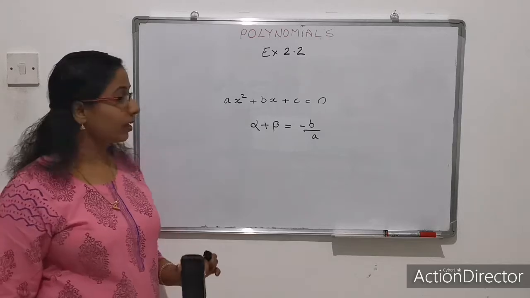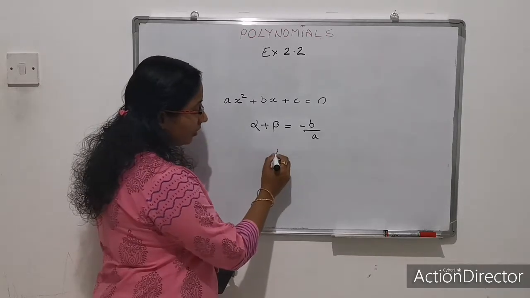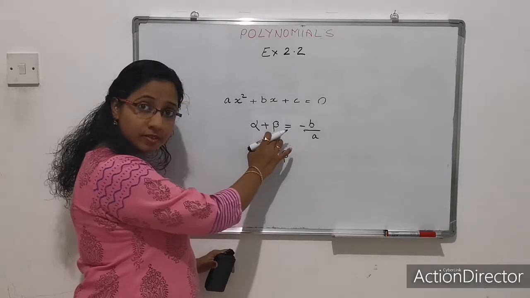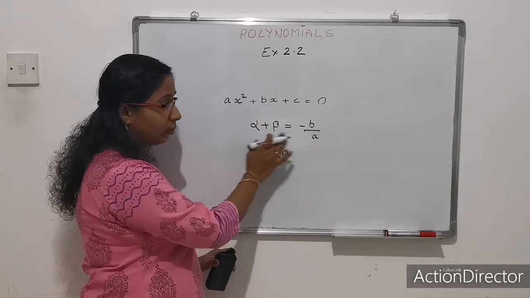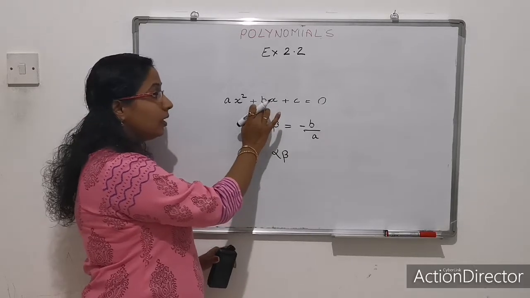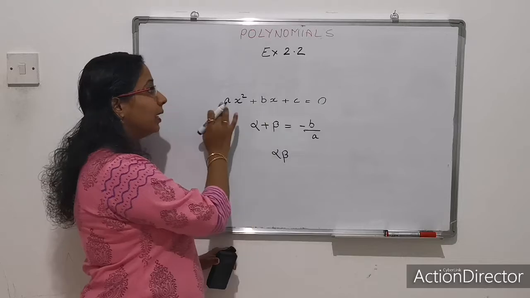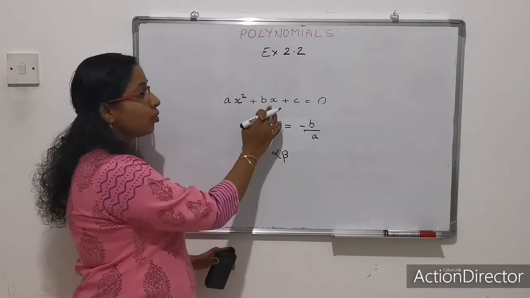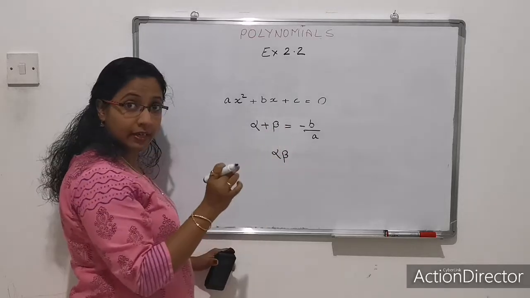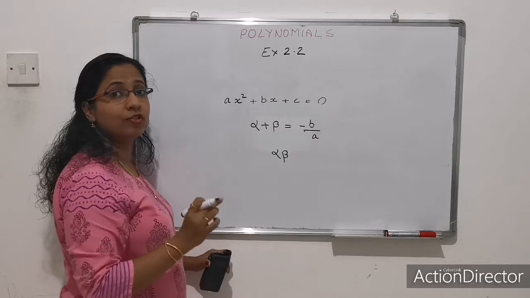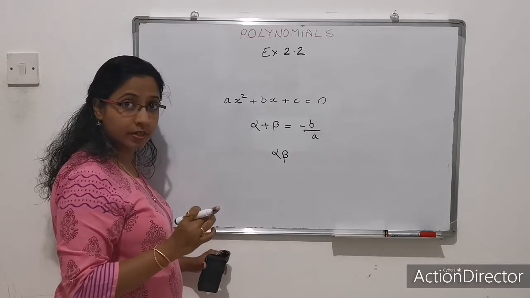That is, the sum of the zeros of the quadratic polynomial is equals to minus b by a, or in other terms, the negative of the coefficient of x divided by the coefficient of x square.